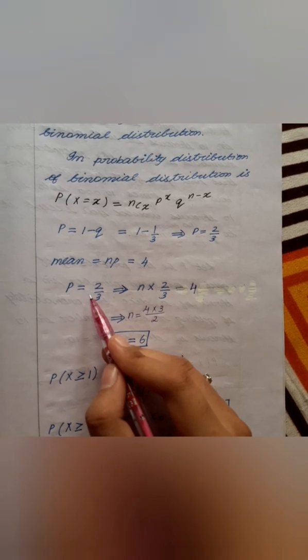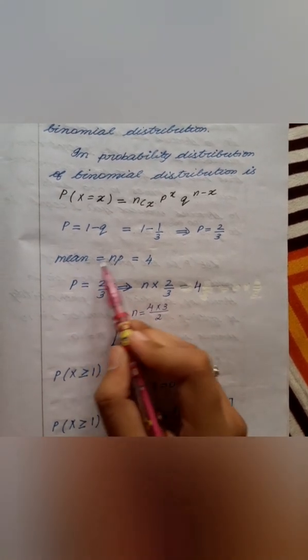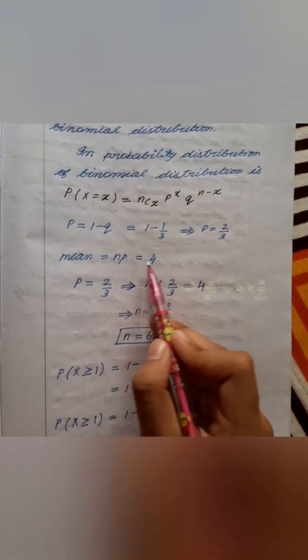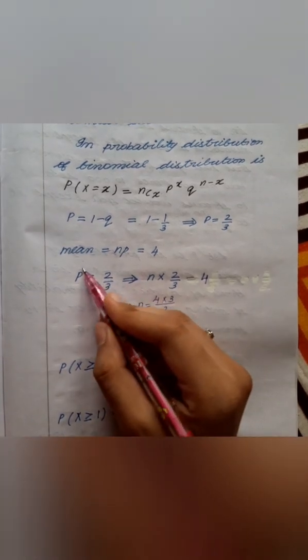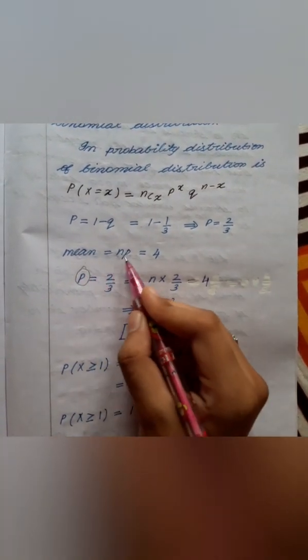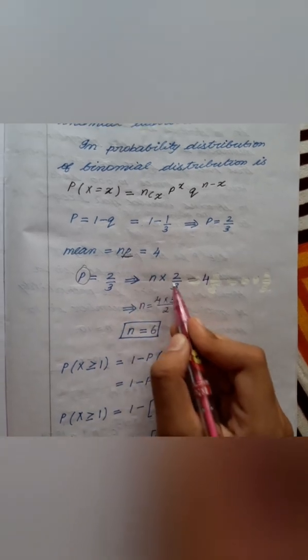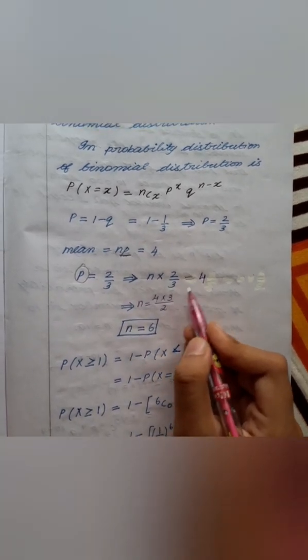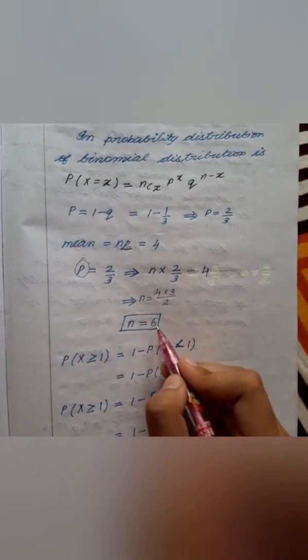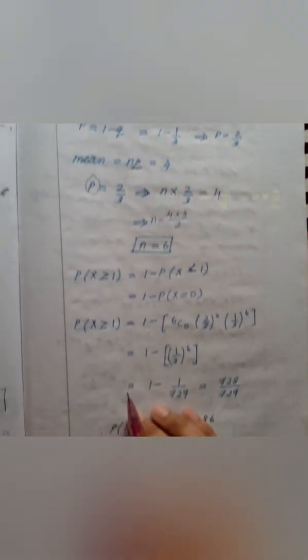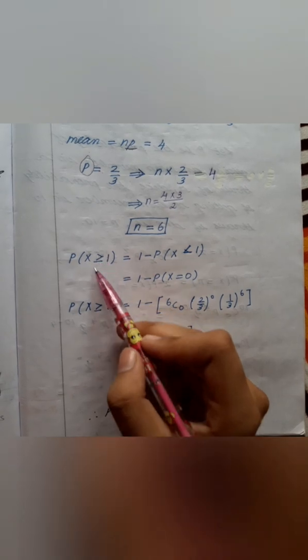So p is equal to 1 minus q, same step here also. Then mean is equal to np, that is 4, and p is equal to 2 by 3. Substituting, n into 2 by 3 is equal to 4. We want n, so taking it to the other side, n becomes 6.